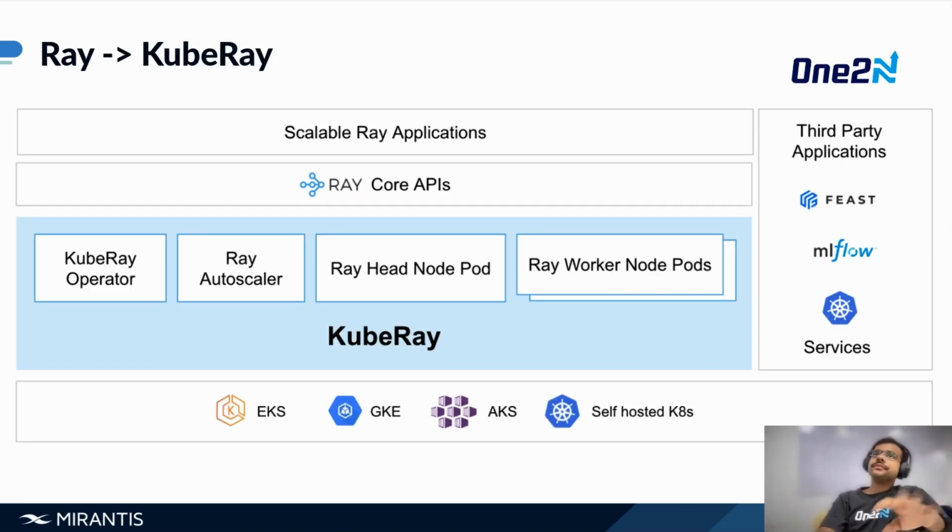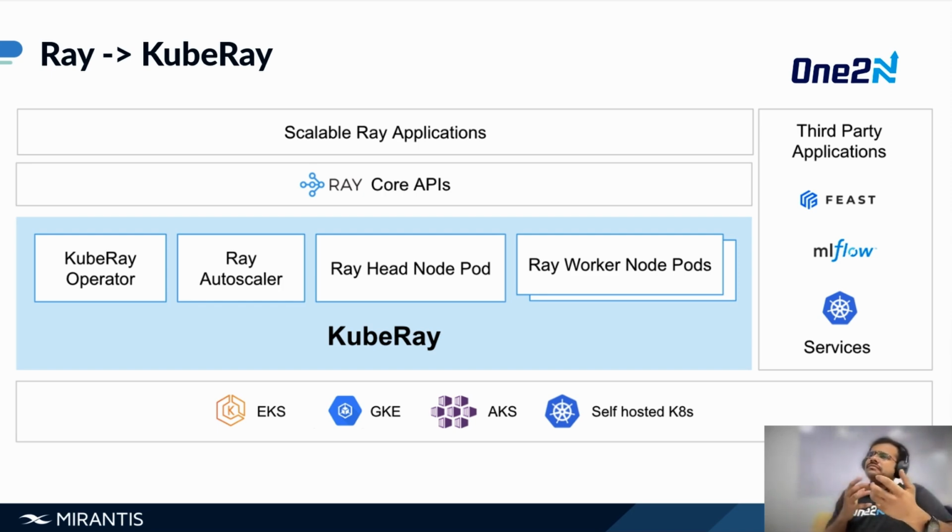And then, since we have shifted from VMs to Kubernetes, we wanted to have an abstraction for Ray to actually scale in terms of containers inside Kubernetes, in terms of pods. And this is where the KubeRay operator came to the rescue.